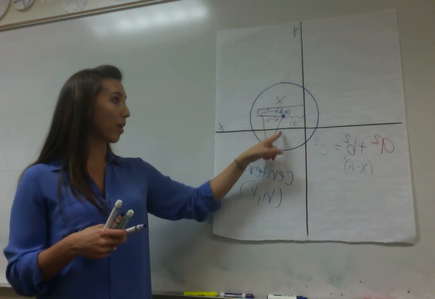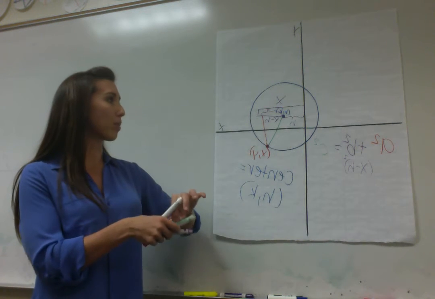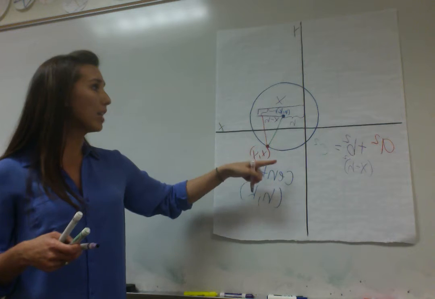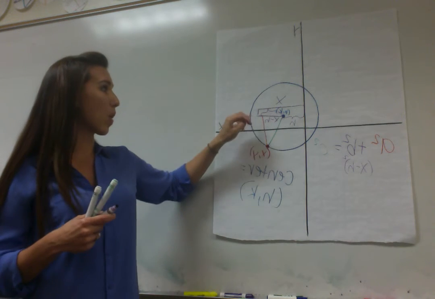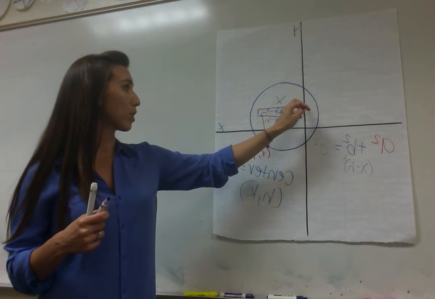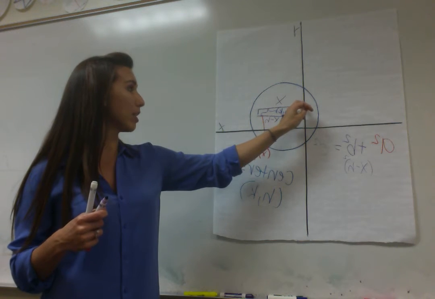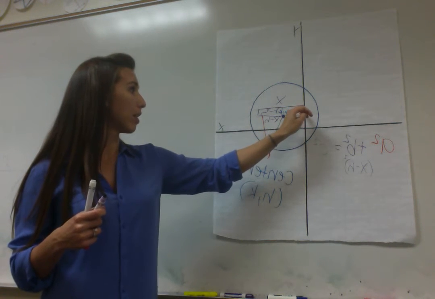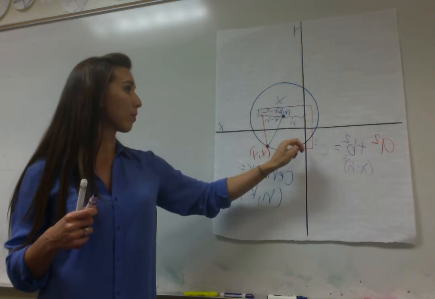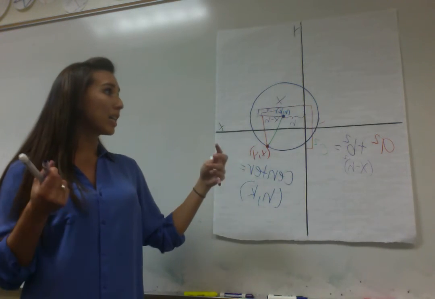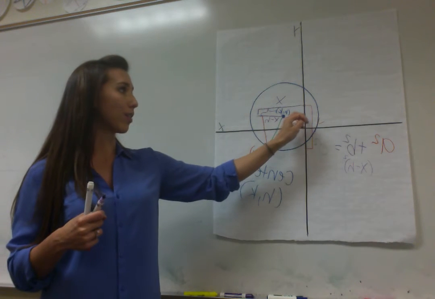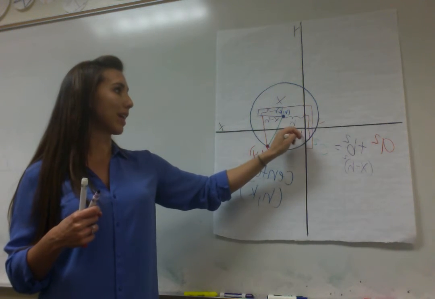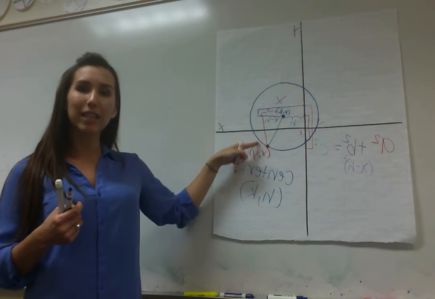Now let's talk about the red line, the red portion. Well, if I know that this whole portion from here down is y, but I used up some of that with k, from here to here is k, well then what's left there?